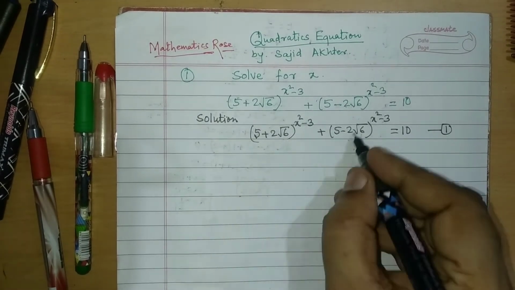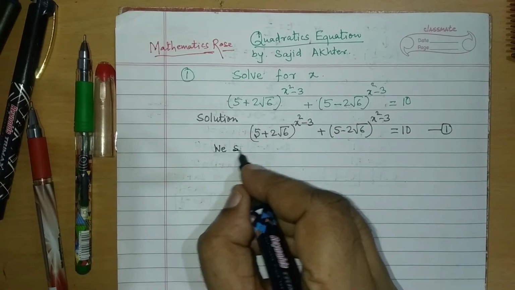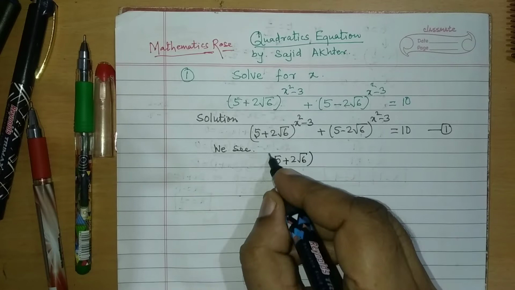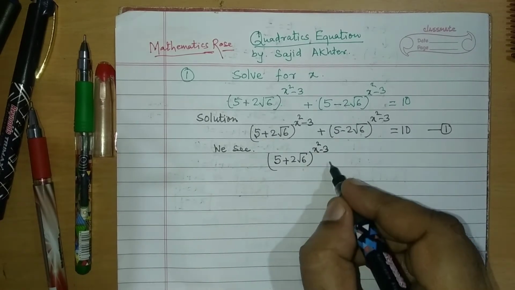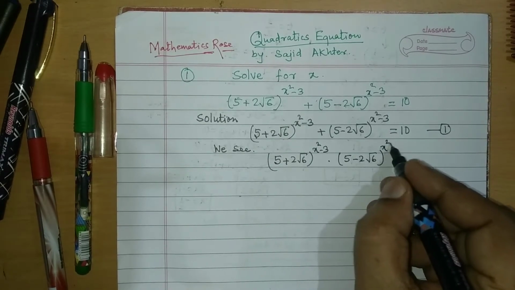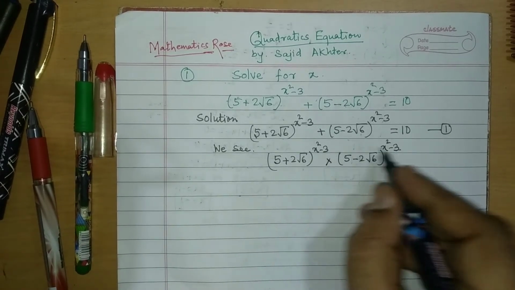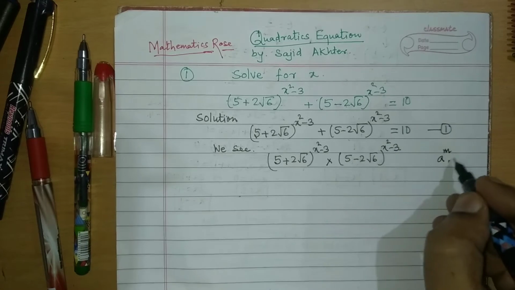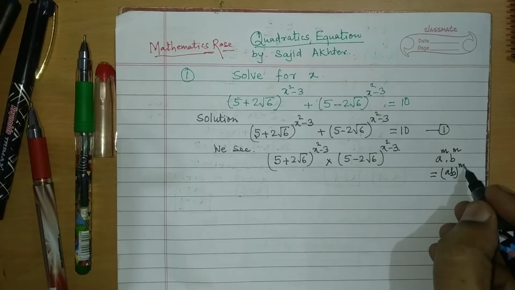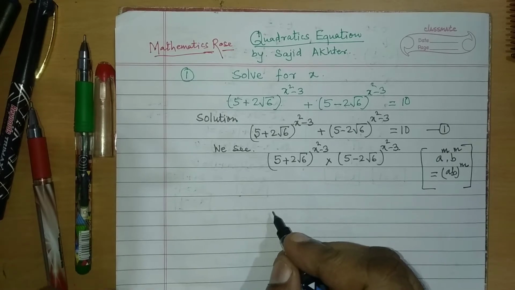Now see, if we multiply (5 + 2√6)^(x² − 3) into (5 − 2√6)^(x² − 3), what will come? If a^m and b^m, then it is equal to (ab)^m. This is the index rule or exponent rule.